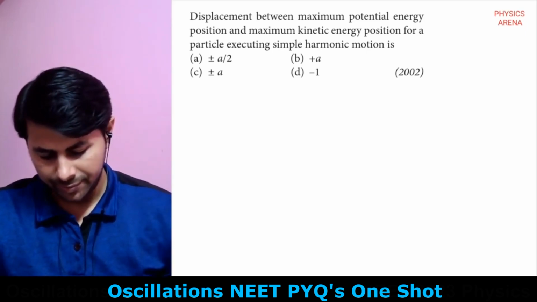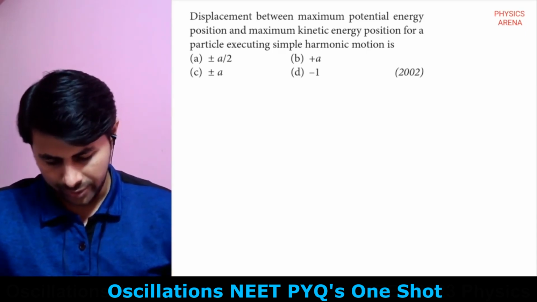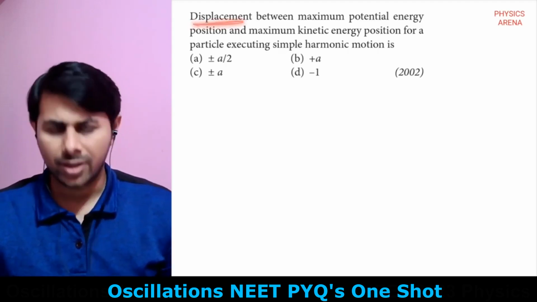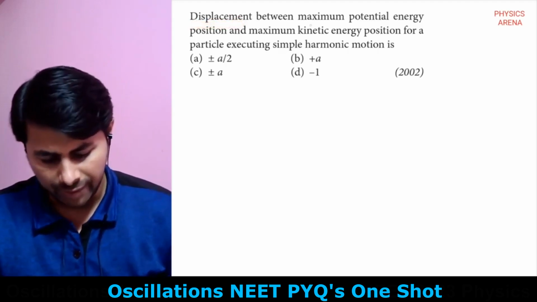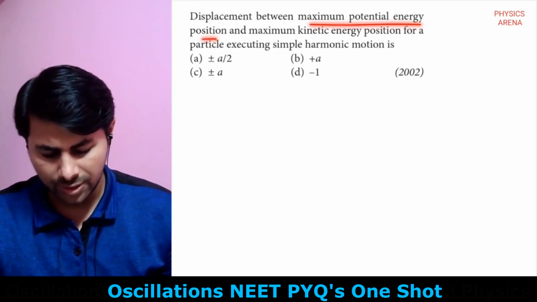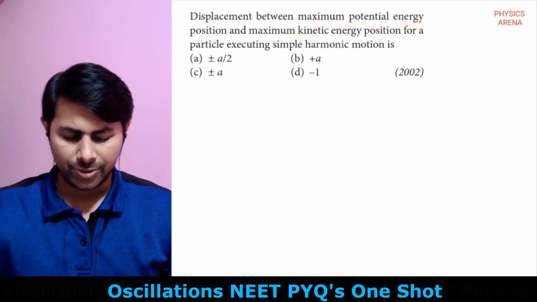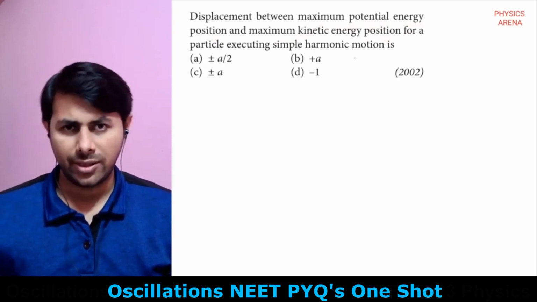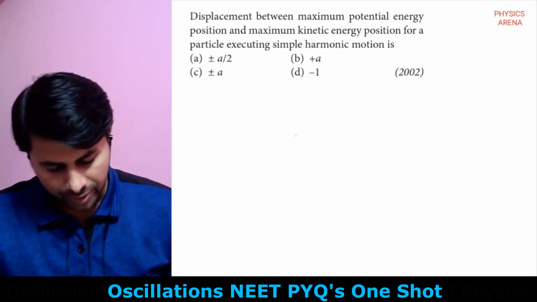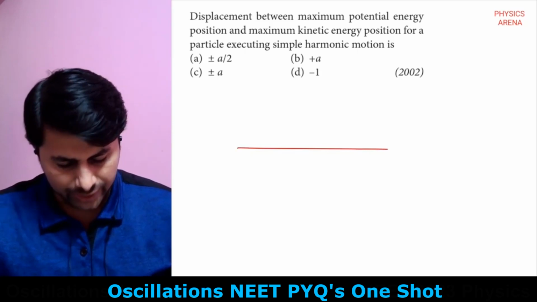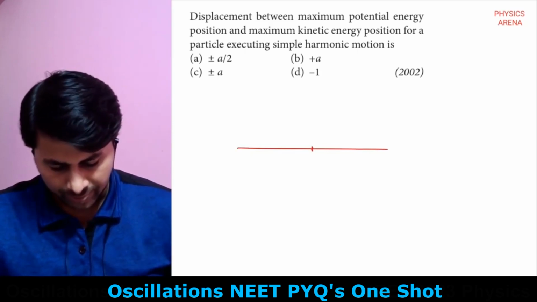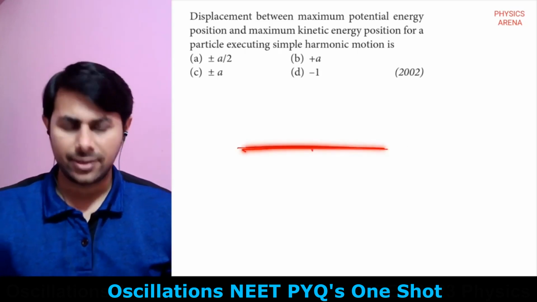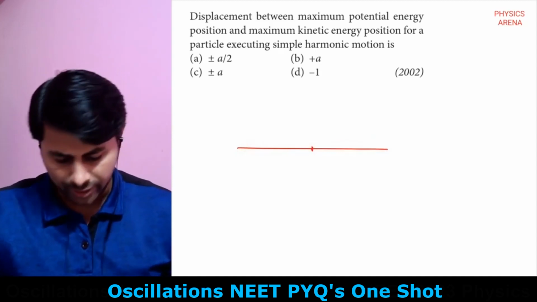See, the displacement between maximum potential energy position and maximum kinetic energy position for a particle executing simple harmonic motion is. We consider a particle which is oscillating like this, performing simple harmonic motion.